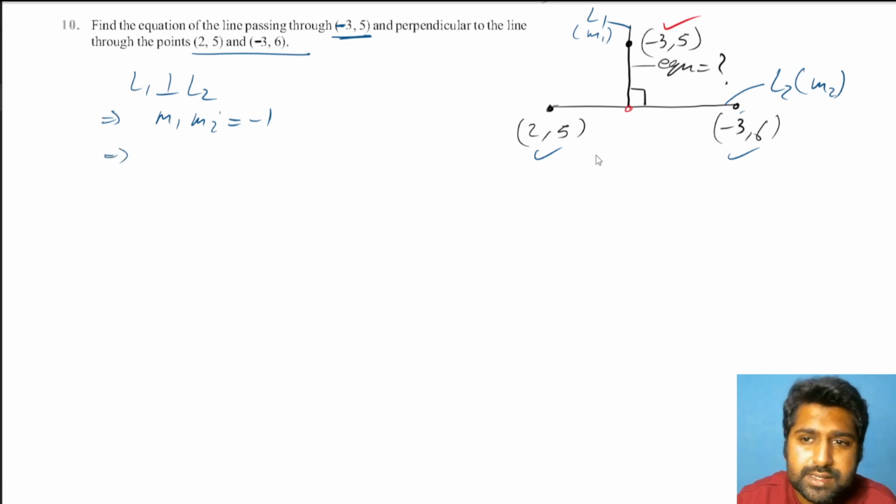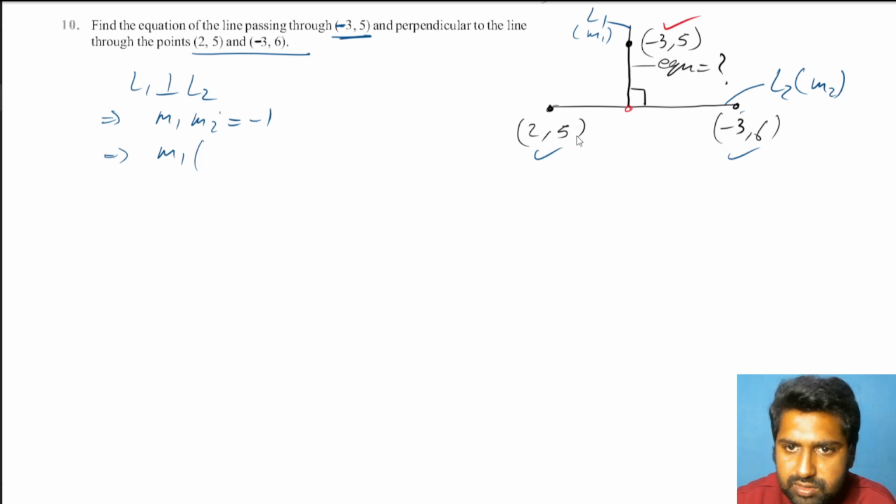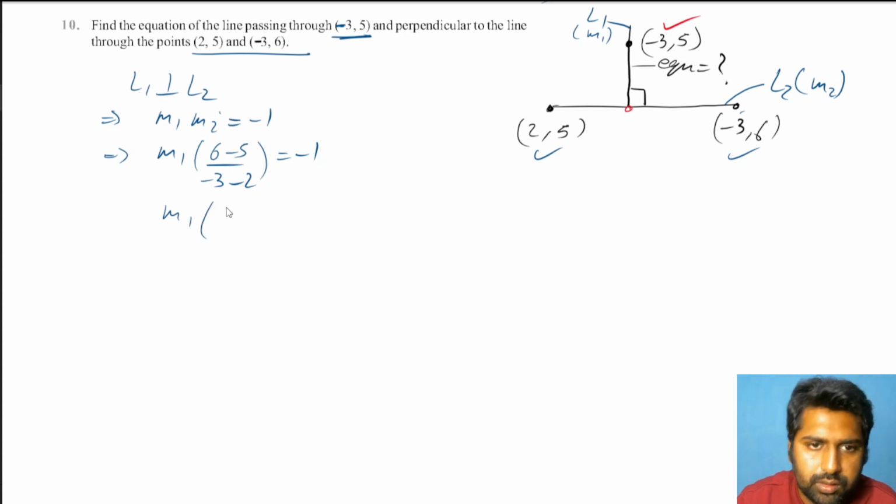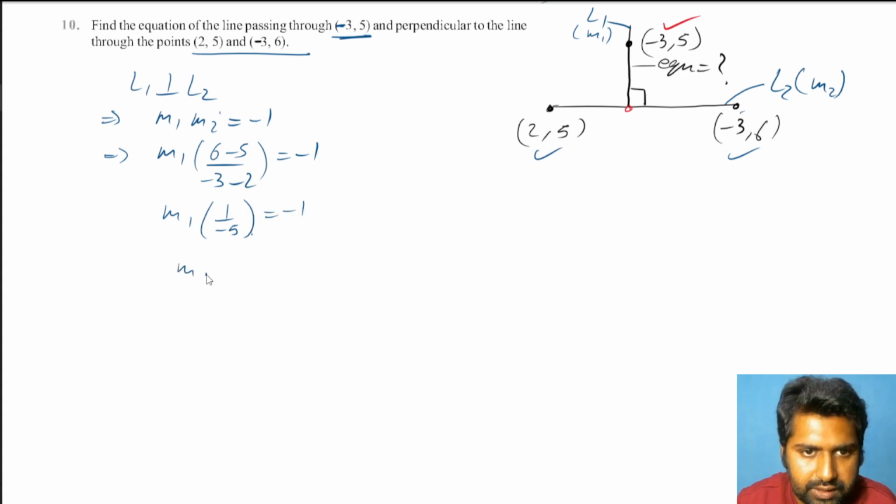Because we know 2 points, we can calculate M2. So M1 into (6 minus 5) upon (minus 3 minus 2) equals -1. So M1 into 1 by minus 5 is equal to -1. So M1 equals 5.